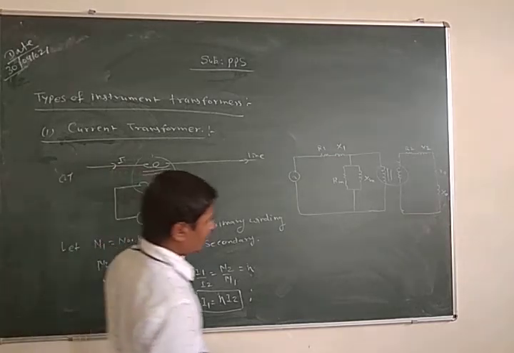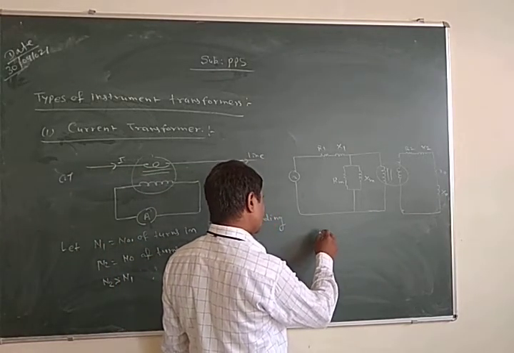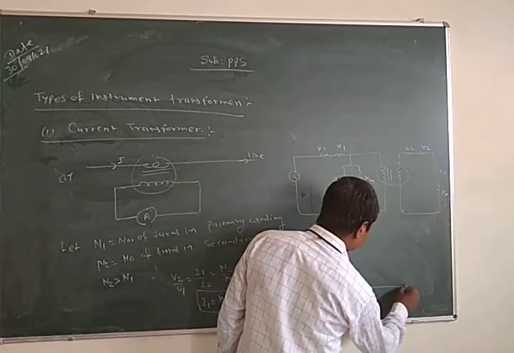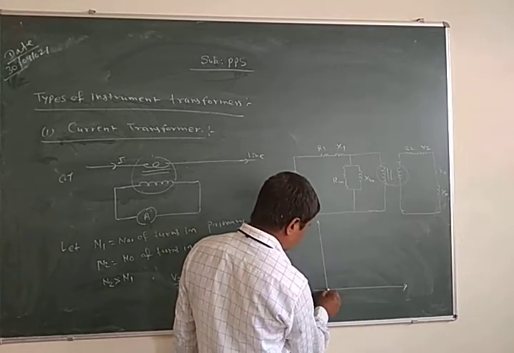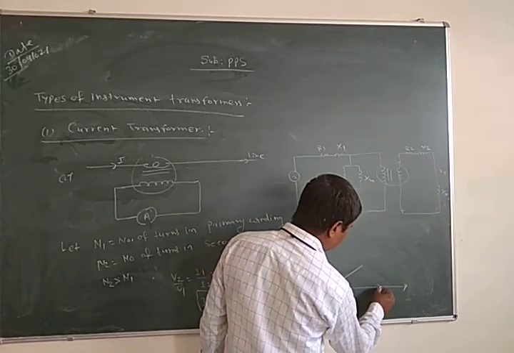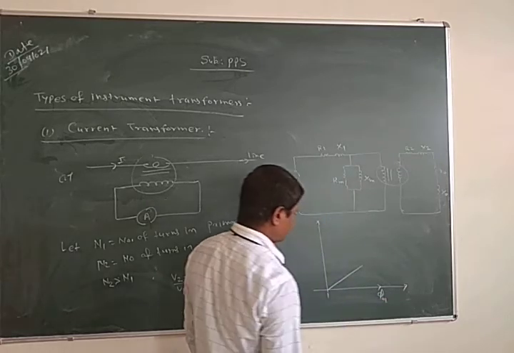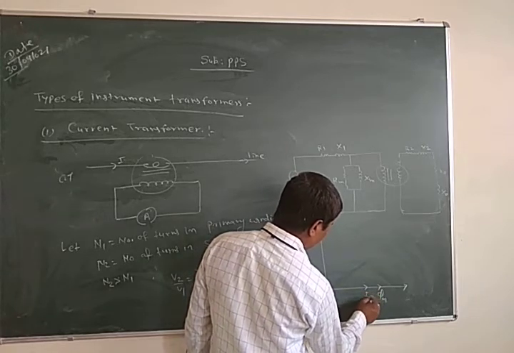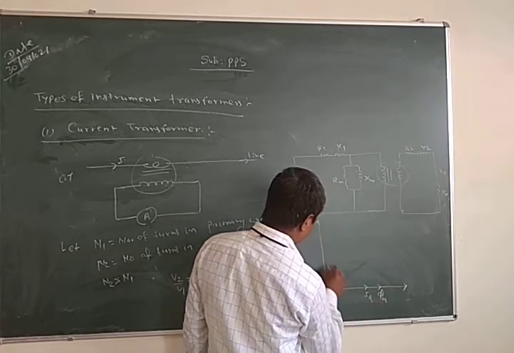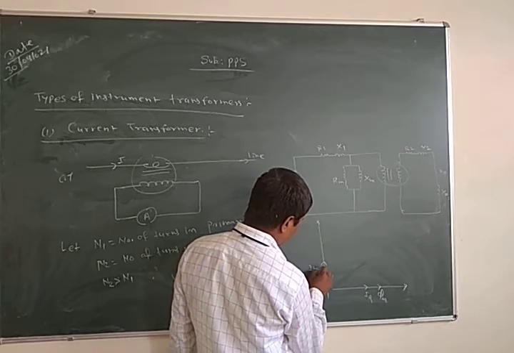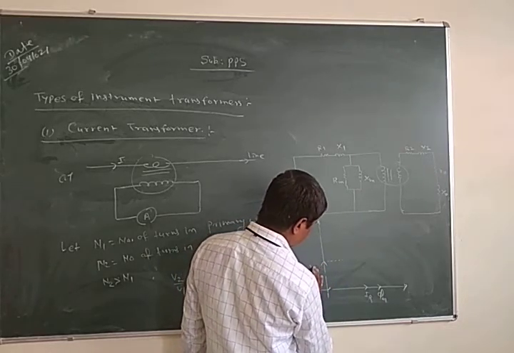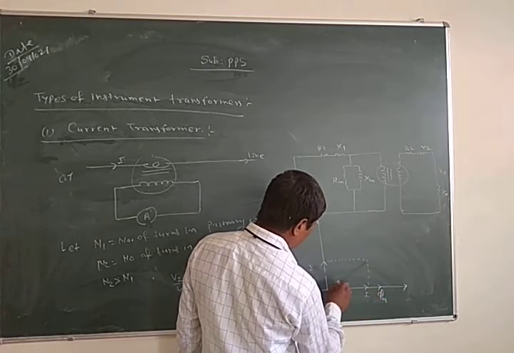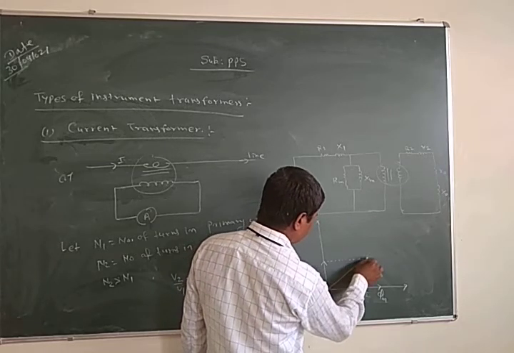Now, if we draw a phasor diagram for a current transformer, if we take flux phi m as a reference, then there is I naught, I m, and this current is I naught.